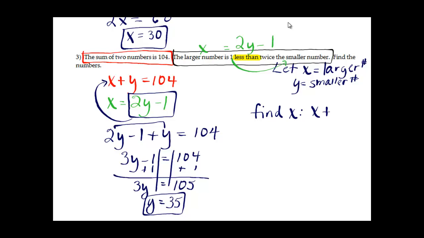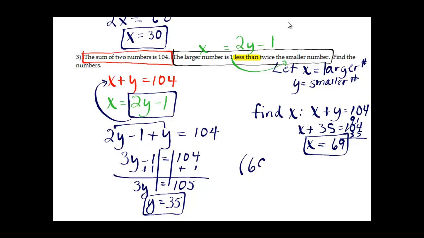I'll use my x plus y equaling 104. x plus 35 equals 104. And x equals, subtract 35 from that number, becomes a 69. So my solution set is 69, 35, and I'd like you to take a moment and check that, see if it works out.